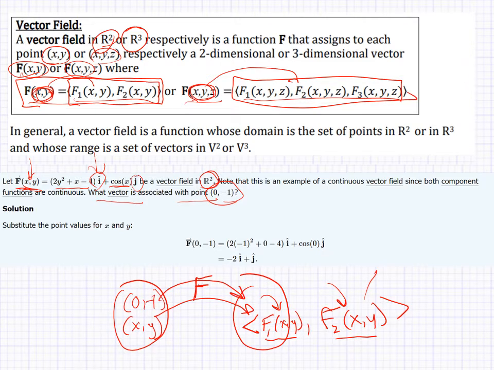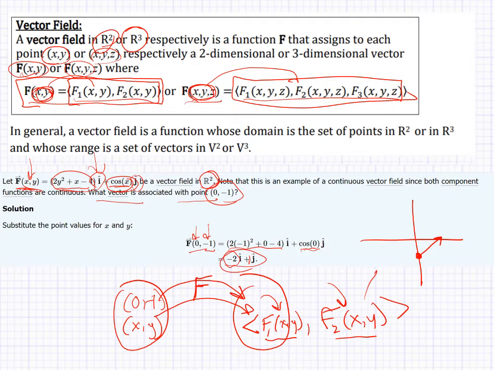If I have this particular point, 0, negative 1, which is right here, what vector am I going to attach to that point? You just plug the point into the vector valued function, 0 for x, negative 1 for y. This tells you what the components should look like, so you plug it in, and you end up with negative 2 for the i, and cosine of 0 is 1 for the j.